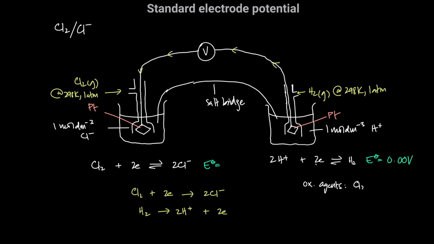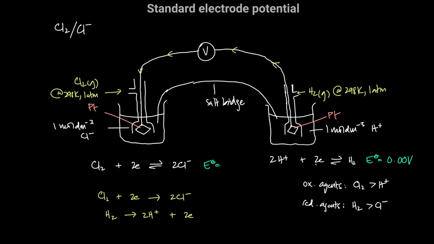We can say that chlorine is a better oxidizing agent than H plus, and as far as reducing agents are concerned, hydrogen gas is a better reducing agent than chloride ions. Since chlorine accepts electrons, it undergoes reduction, it's the better oxidizing agent, and hydrogen loses electrons instead of chloride, so hydrogen is the better reducing agent, undergoes oxidation more readily.